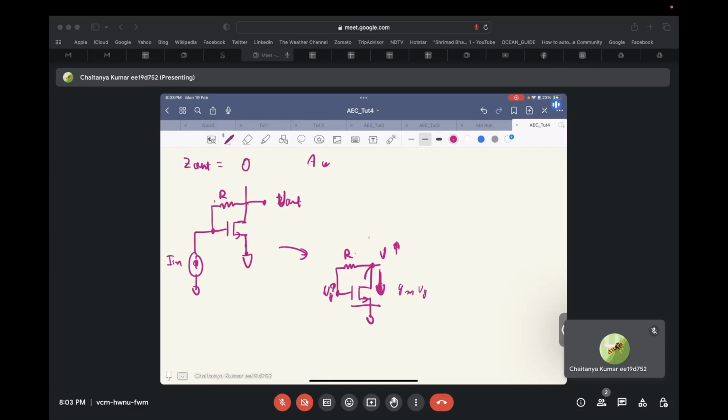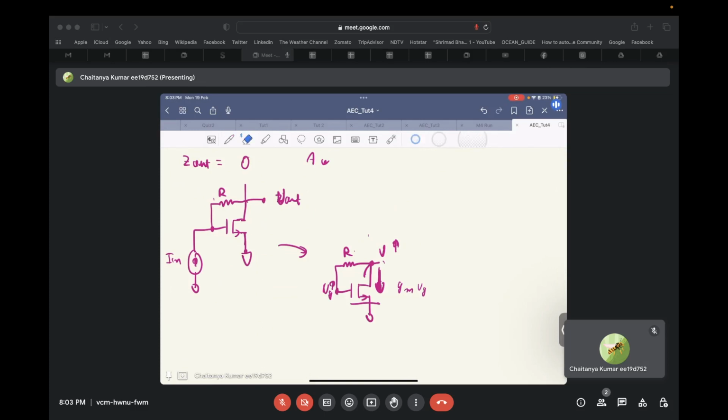There will be some parasitic capacitance at each node in practice, so it will start pulling the voltage of this node down. So when there is a connection between the drain and the gate of the transistor, the circuit behaves in negative feedback. Why is it so? Because it is trying to reverse the effect of any stimulus applied to the circuit.